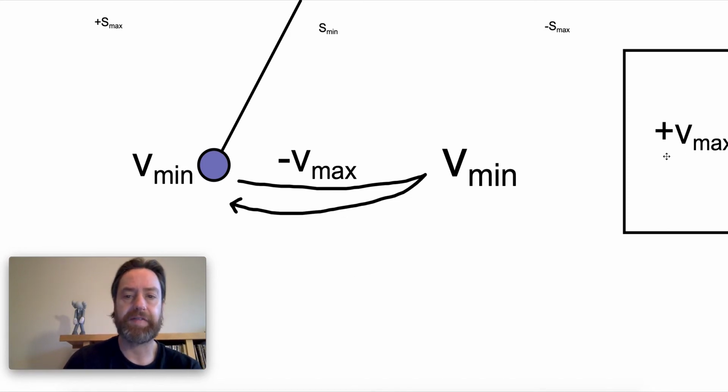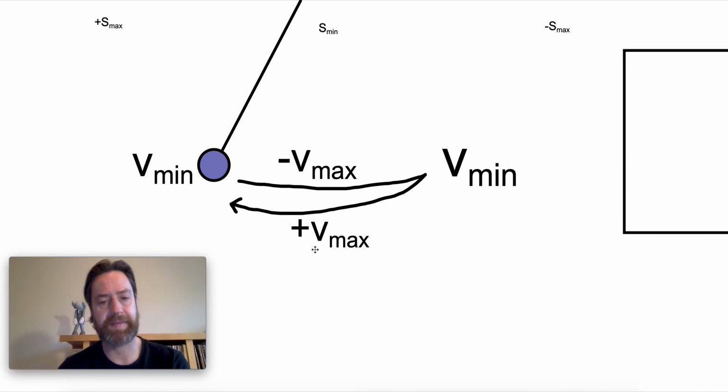So we have plus Vmax here. This is probably the bit that you need to really soak up, because it's going to help you when you come to look at graphs of displacement against time and velocity against time, what's happening at each stage.